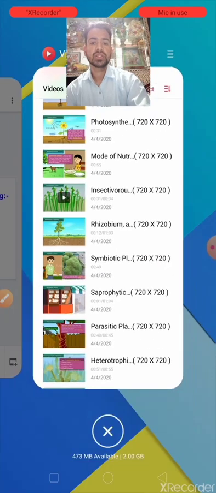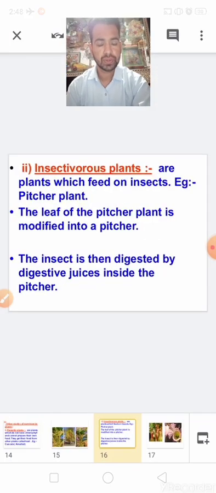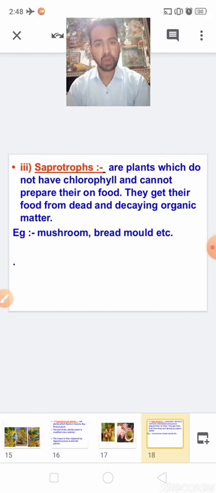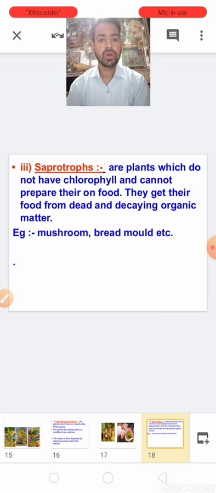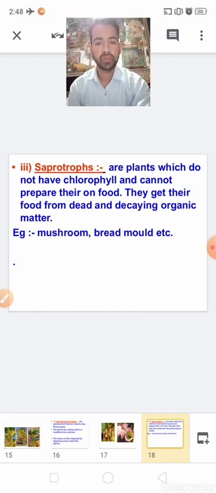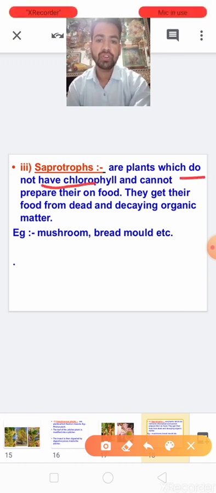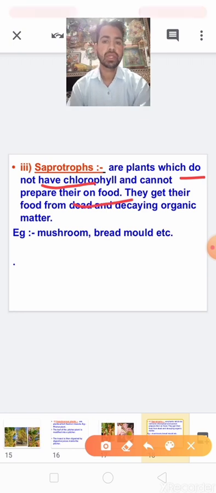Okay, so insectivorous eat insect as food. Clear? Next, that is saprotrophs. Saprotrophs are those plants which do not have chlorophyll and cannot prepare their own food.